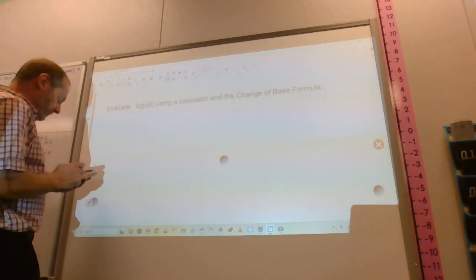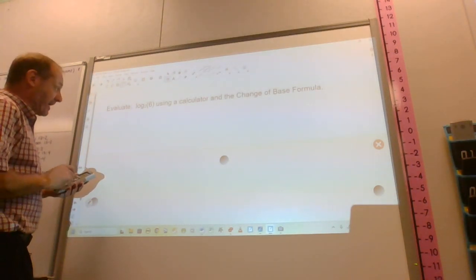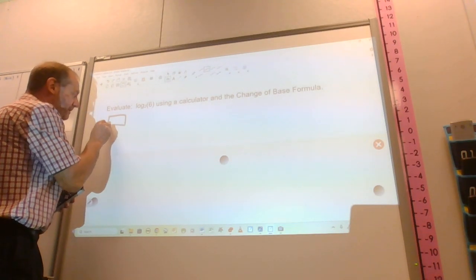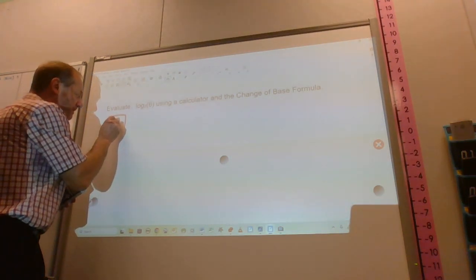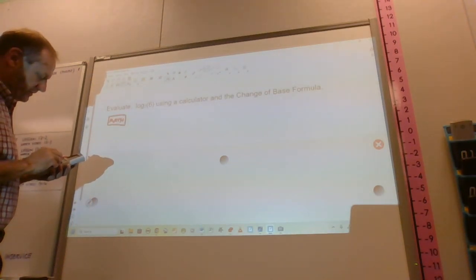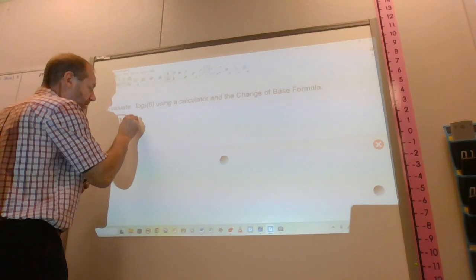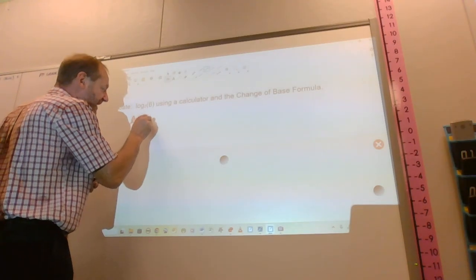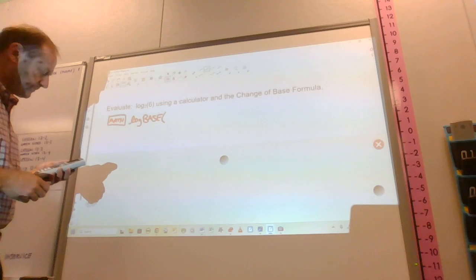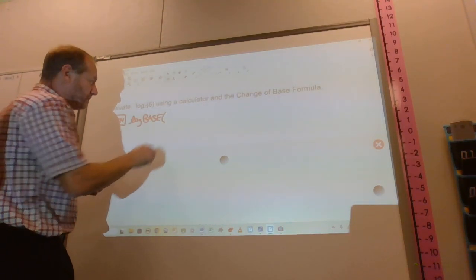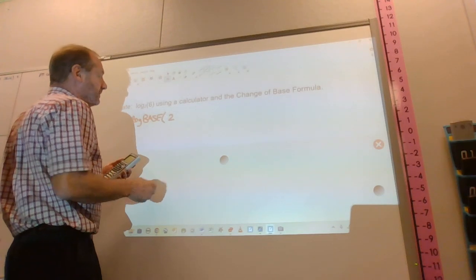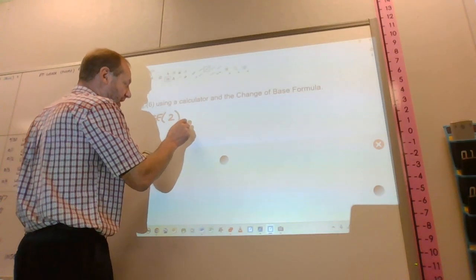Okay, so for this first one, I'm going to hit Math, and then arrow down to A. It's going to say log base. I'm going to hit enter, put in 2, and then arrow to the right and hit 6.